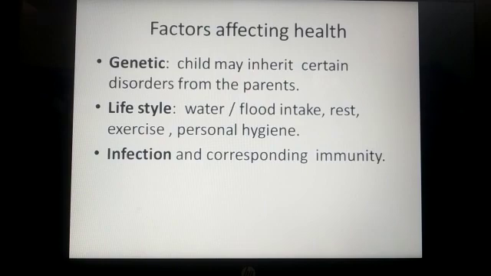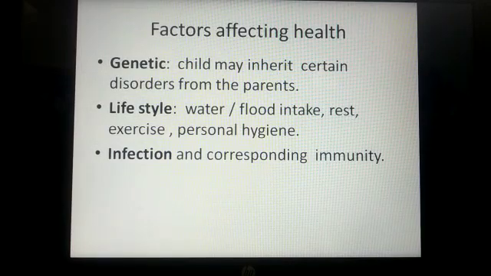In general, what are the factors affecting health? Genetic. The child may inherit certain disorders from the parents. It is also called congenital, that is, by birth. Lifestyle. Lifestyle disorders are many.